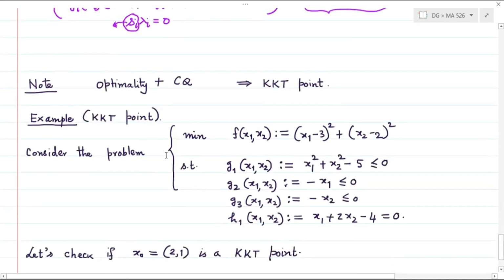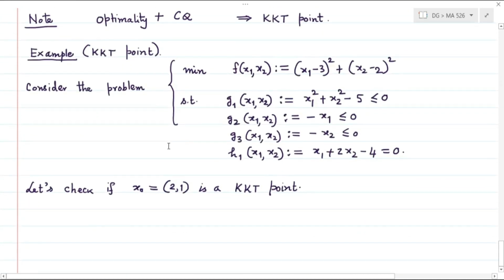Let us take up one by one. Here you note that x0 evidently is a feasible point. It is satisfying the primal feasibility because all the constraints are satisfied. So here you just write down that the point x0 is a primal feasible point.